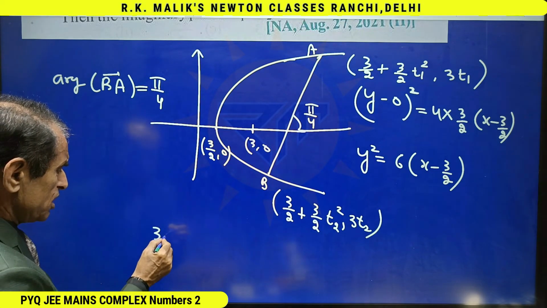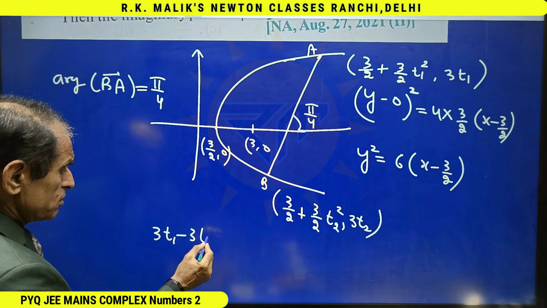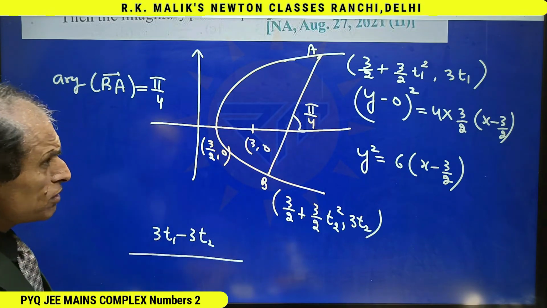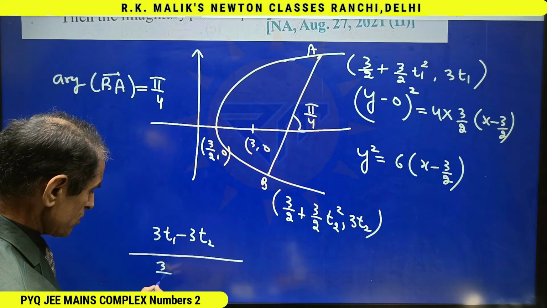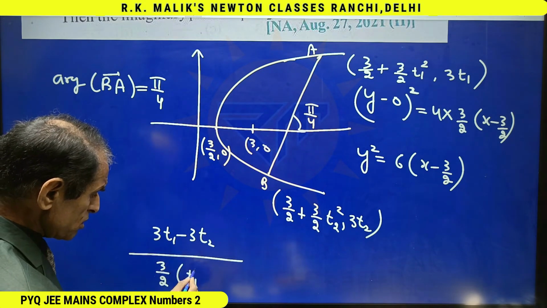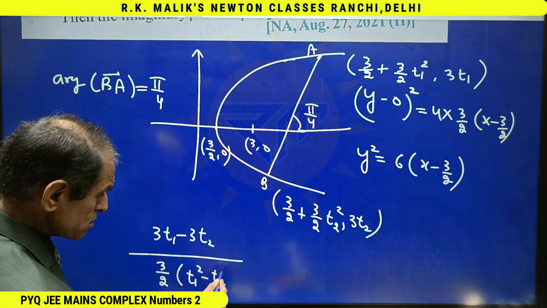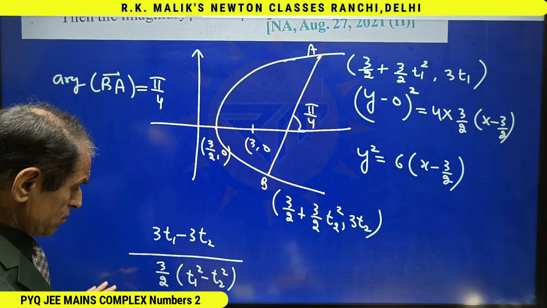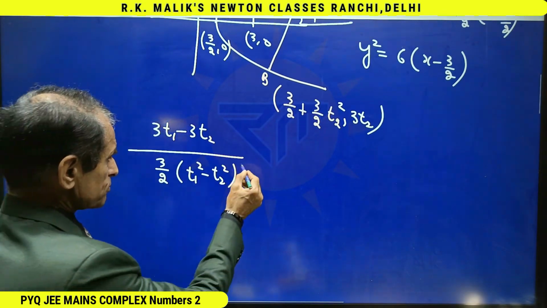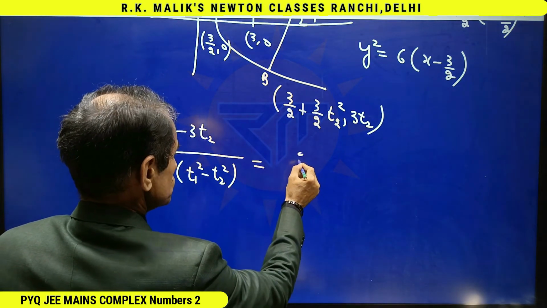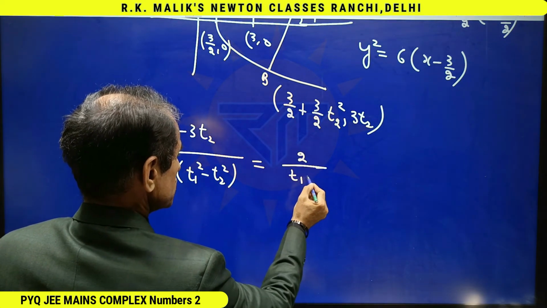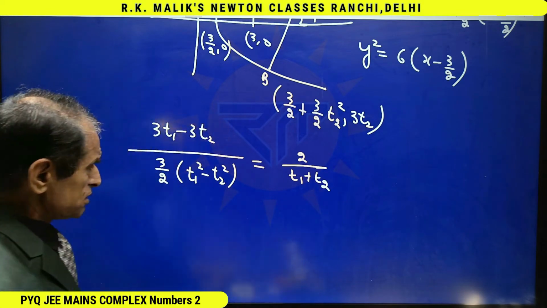That is 3t1 minus 3t2 upon this minus this, which will be 3/2 times t1 square minus t2 square. That is 2 by t1 plus t2.